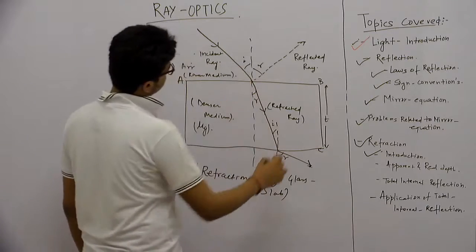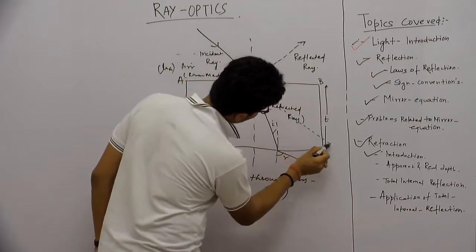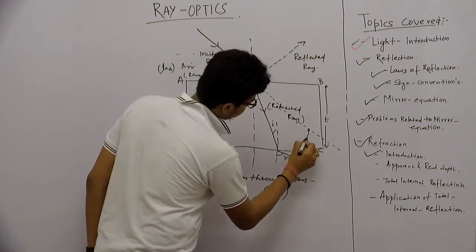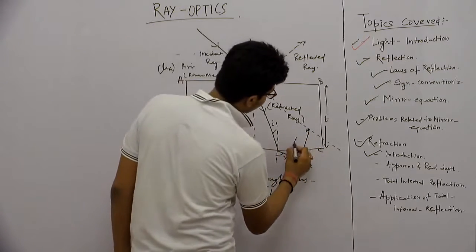If we take this incident ray and extend it to this point, it is parallel to the refracted ray which is coming out through the slab, and this is called lateral shift.